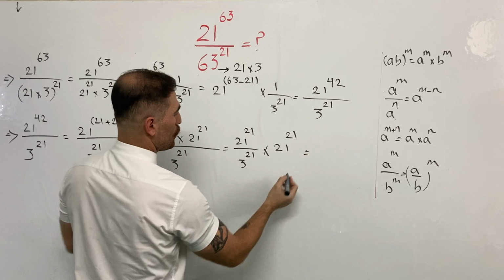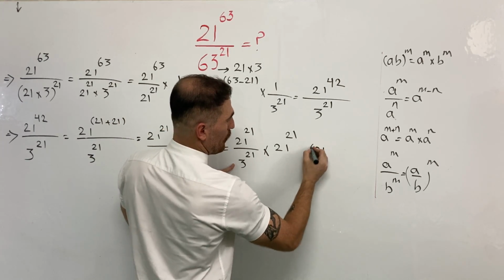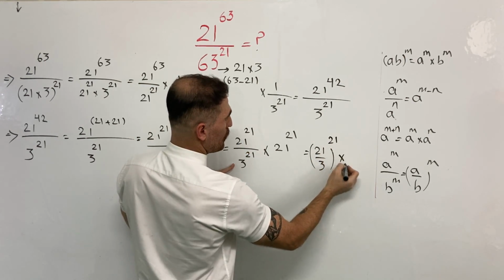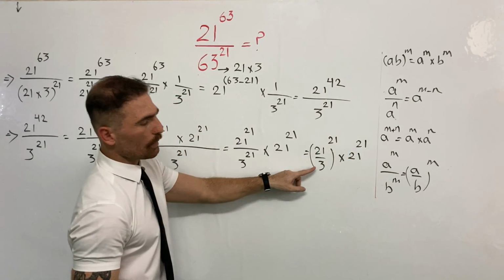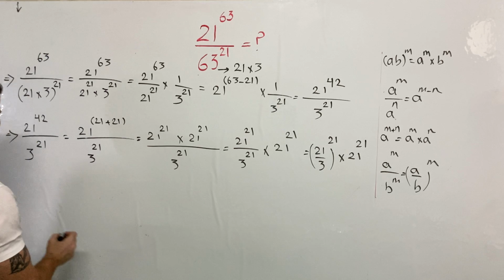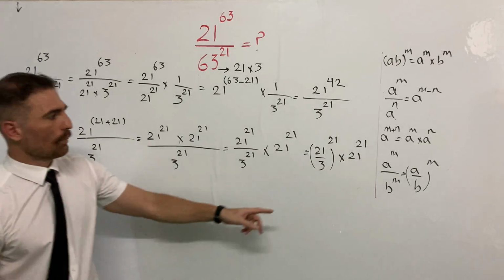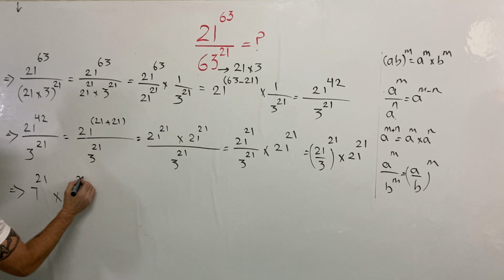So it is going to be 21 over 3 raised to the power of the same exponent, right? I write this one times 21 raised to 21. What is 21 over 3? How do you know? It is going to be 7. I write 7 raised to the power of 21 times this number, 21 raised to the power of 21.